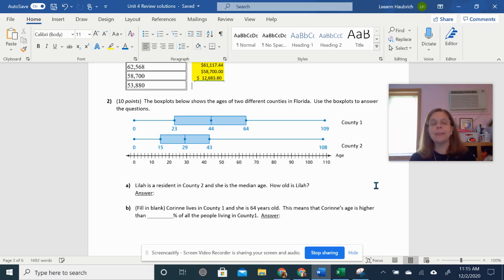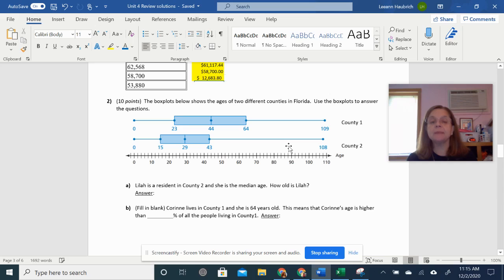But look at where the boxes fall themselves. So in County 1, the middle 50% goes from 23 to 64. And in County 2, the middle 50% goes from 15 to 43.